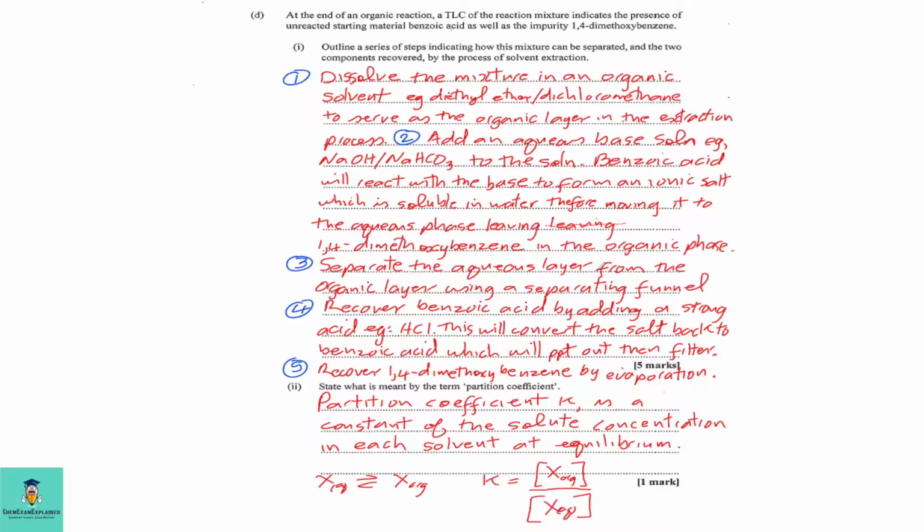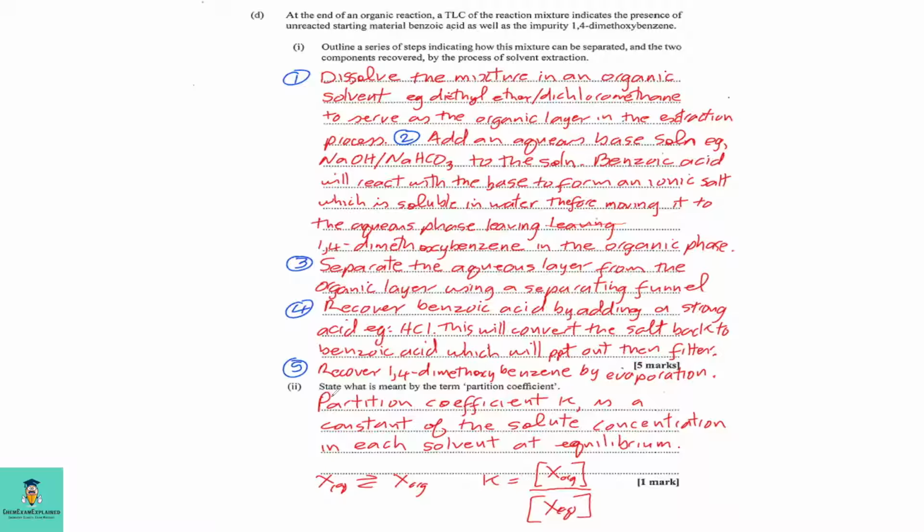Separate the aqueous layer from the organic layer using a separating funnel. 4. Recover benzoic acid by adding a strong acid, for example hydrochloric acid. This will convert the salt back to benzoic acid, which will precipitate out. Then you can filter. 5. Recover the 1,4-dimethoxybenzene by evaporation. And those are the steps you would take.